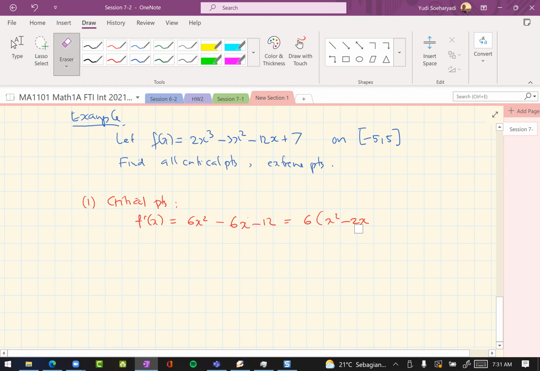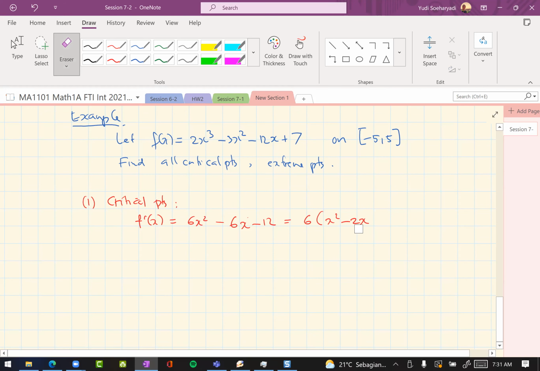So critical points are x equals negative 1 and 2. These are stationary points, because if you plug in, the derivative equals 0.